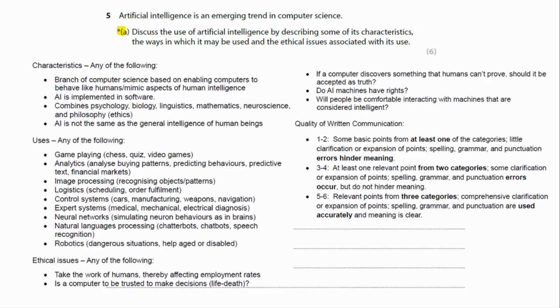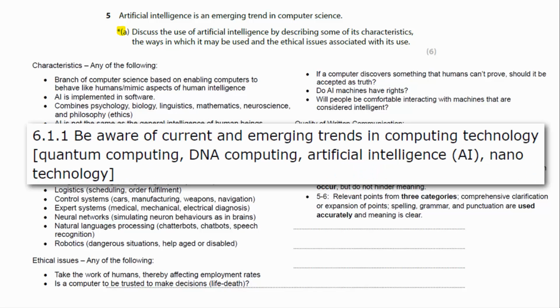So make sure you look at the list. I cover them in my last video in the series. But it's good practice, and I would recommend you adapt this question for the other ones. So I think one's DNA computing. I think quantum computer came up a couple of years ago. I forget what the others are.